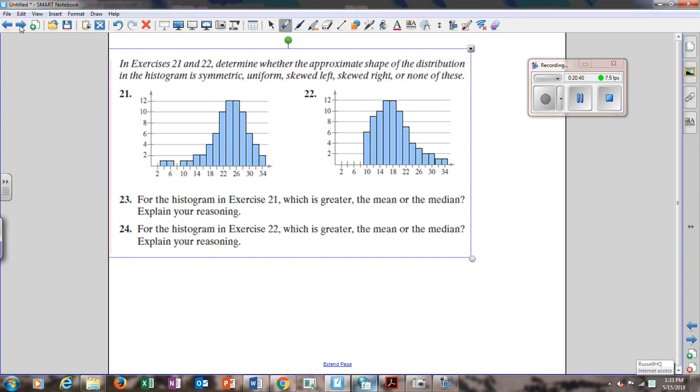Number 21, this would be skewed left. Number 22, your median would be the middle of your data set as far as the amount of people or the amount of respondents, or whatever this is talking about.